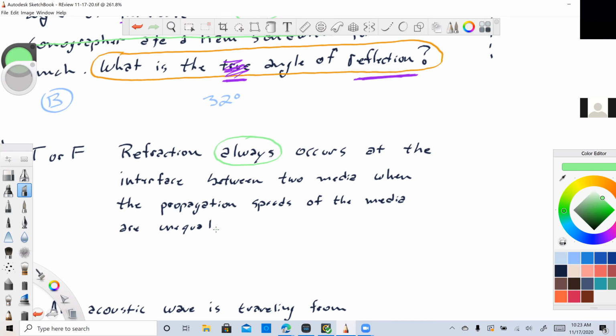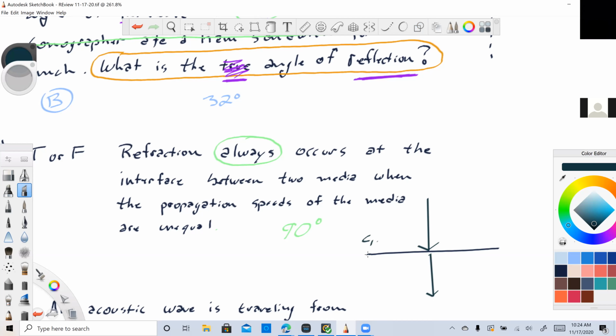But refraction always occurs at the interface between two media when the propagation speeds of the media are unequal. This is true in all instances except for the normal. All right, well, almost perfect. Not quite.